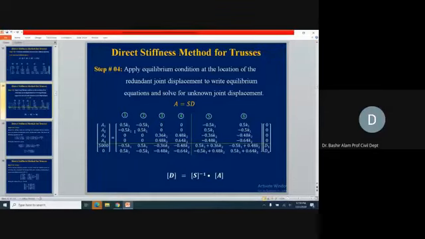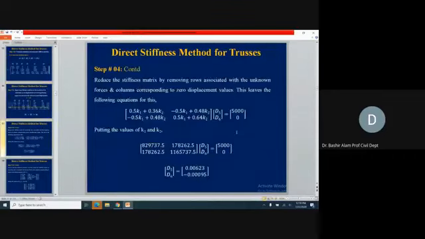So these 4 rows do not have any significance because they are getting multiplied with these zeros. So we can eliminate the rows corresponding to the known joint displacements.